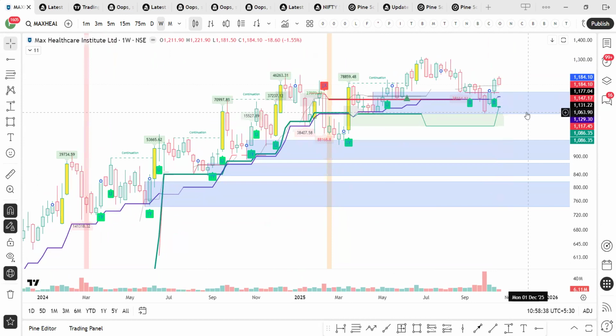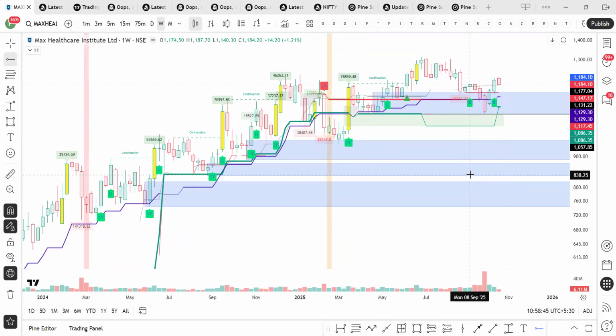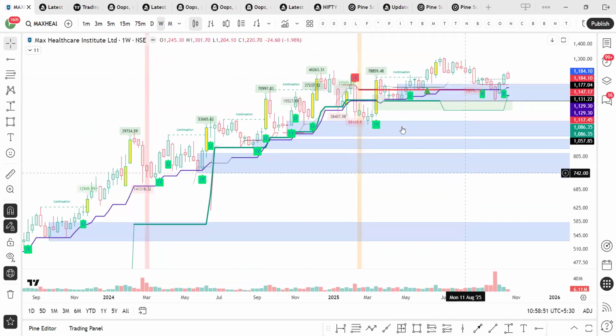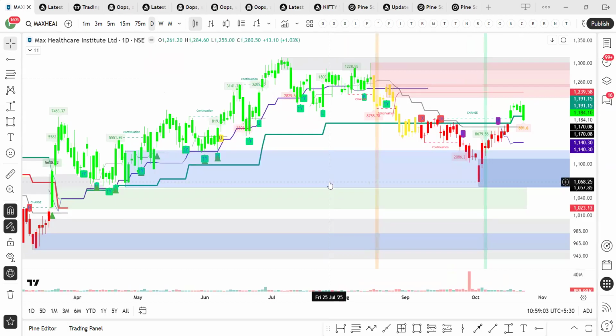If a weekly candle closes below this, that will be the final exit for investors on the weekly chart. That can be used as a final level for exit because price will be below the band and below the buying area, so the color will change to red. I do not check monthly charts at all, at the most weekly and daily.